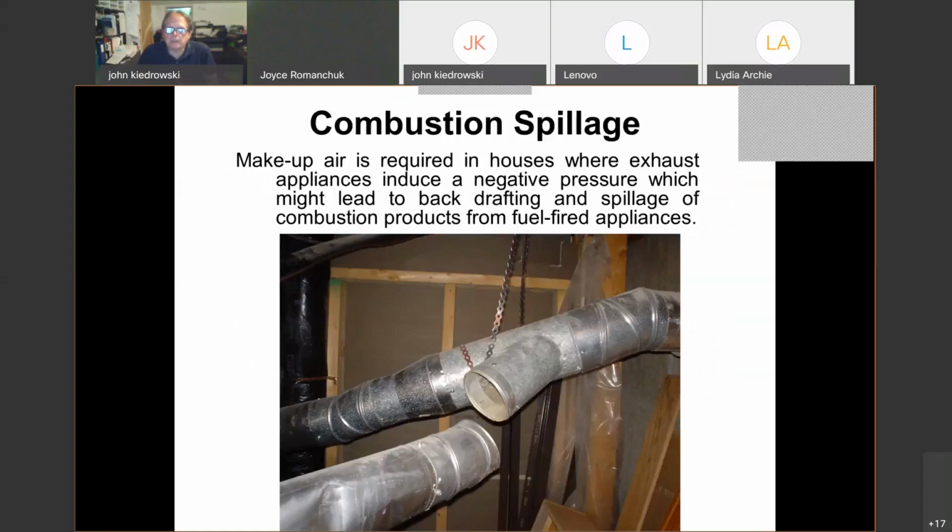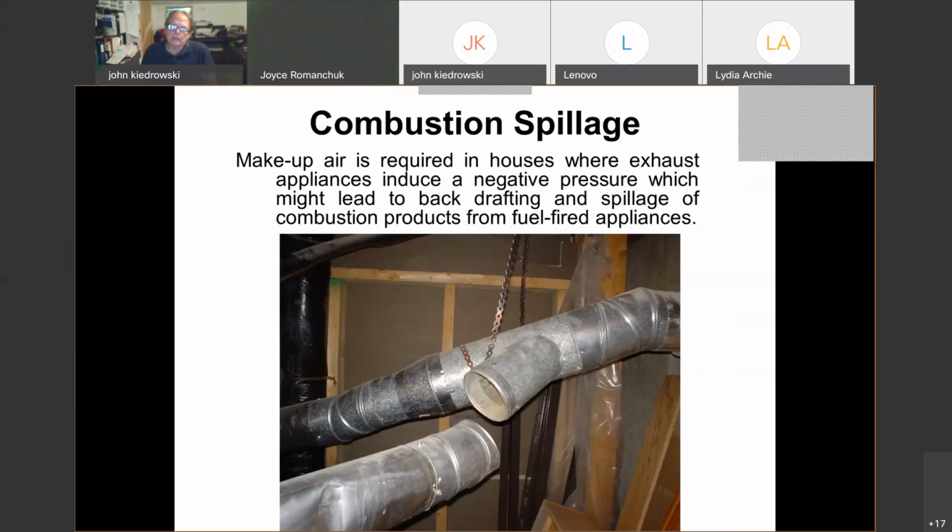Here's another example of a disconnected vent. Makeup air is required in houses where exhaust appliances induce a negative pressure, which might lead to backdrafting, again, and spillage of combustion products from fuel-fired appliances.